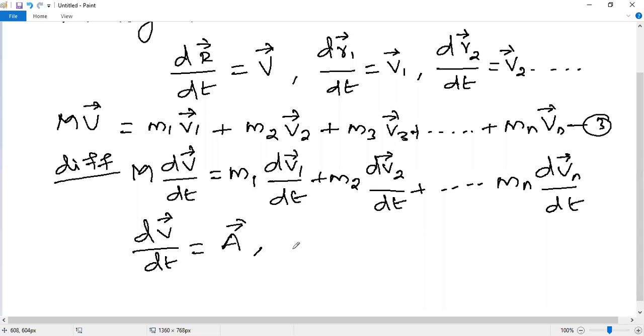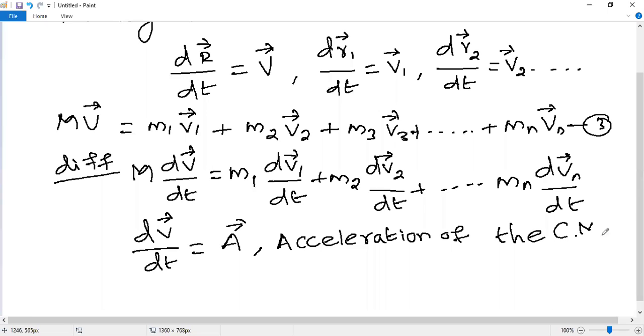I will mention here: acceleration of the center of mass.